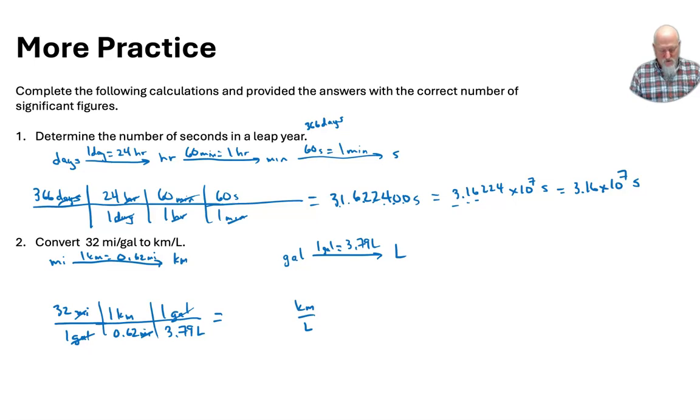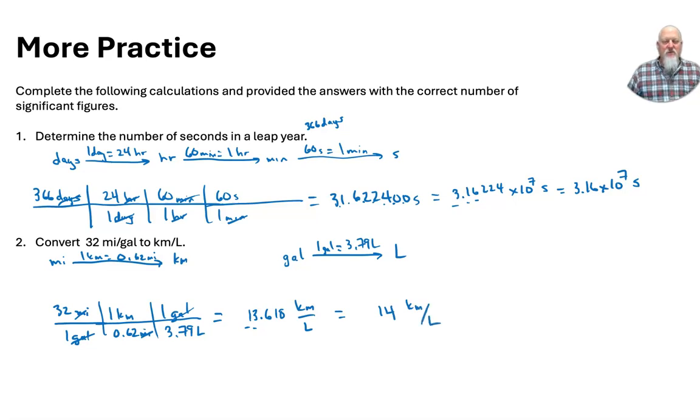So I get this left. So 32 divided by 0.62, because that's in the denominator, divided by 3.79, because that's in the denominator. 13.618 kilometers per liter. Two significant figures to start. So the 1 and the 3, 6 is greater than 5, so 14 kilometers per liter.